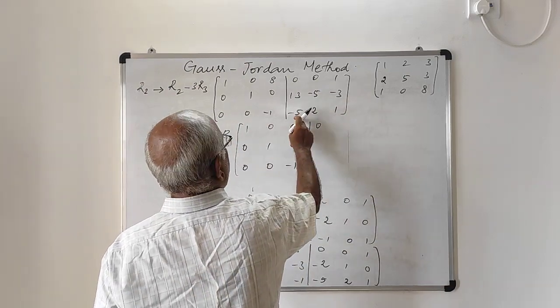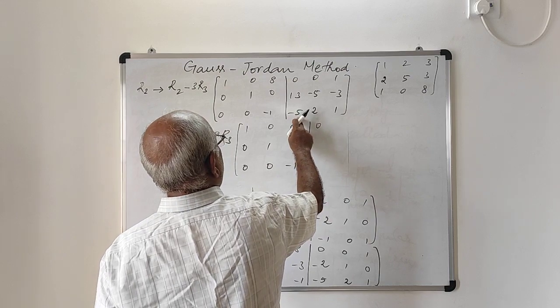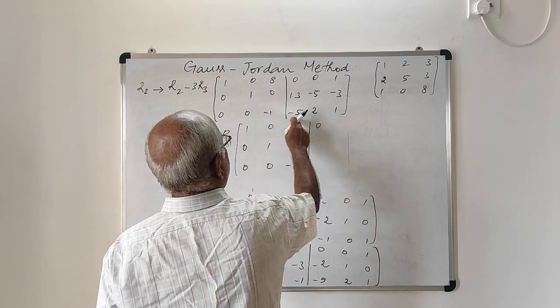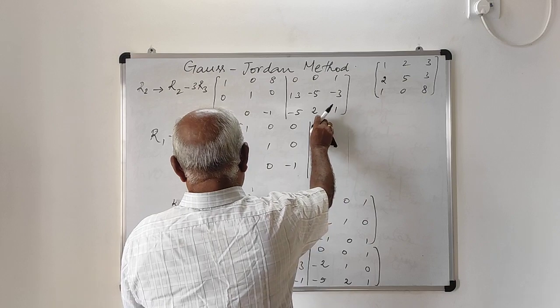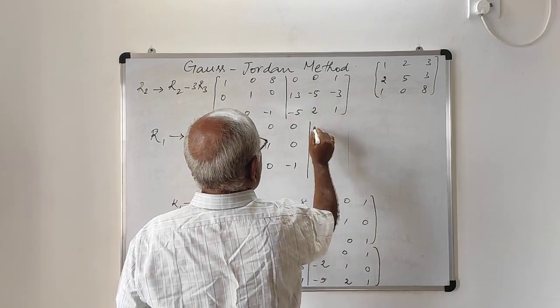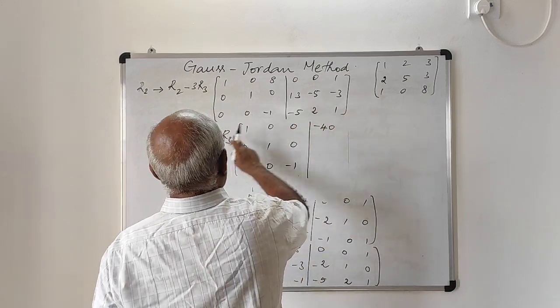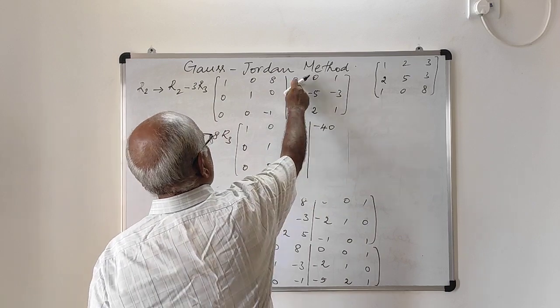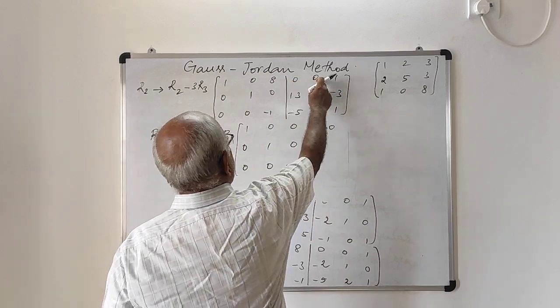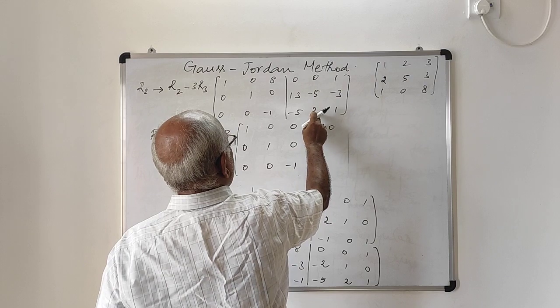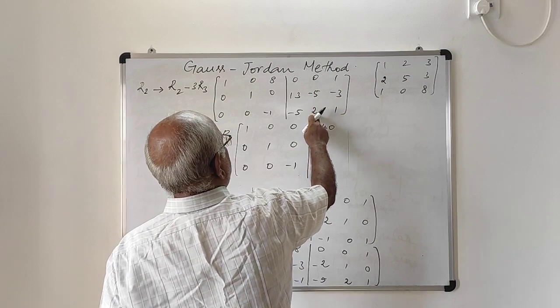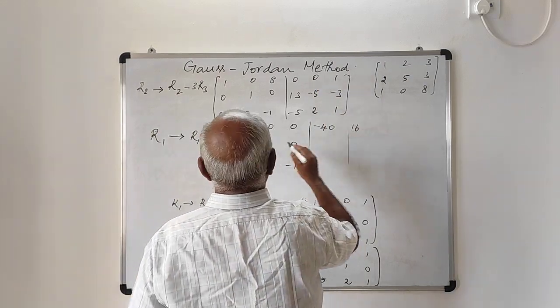Minus 8 R3. 8 fives are 40, so minus 40 plus R1's 0 is minus 40. Similarly, R1's 0 plus 8 times 2 is 16, plus 0 is 16.